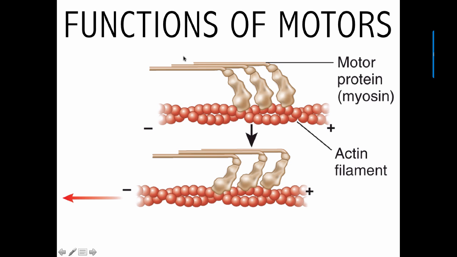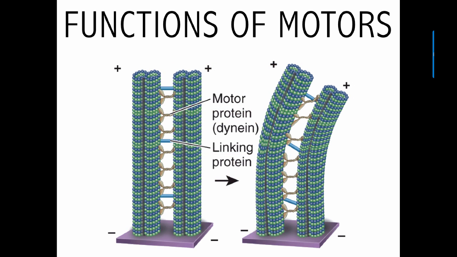So there would be another actin filament along the top, bound to the tails, and then the heads are bound to this actin filament here. And so when we hydrolyze ATP and we cock the hinge, this region here, we can cause the two actin filaments to slide over one another, and that's what happens when you get muscle contraction.